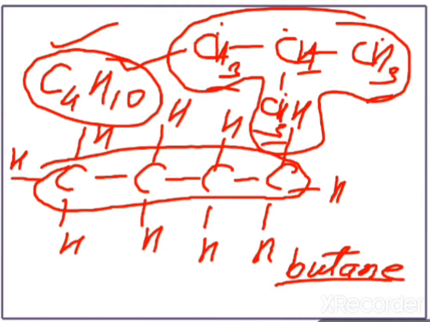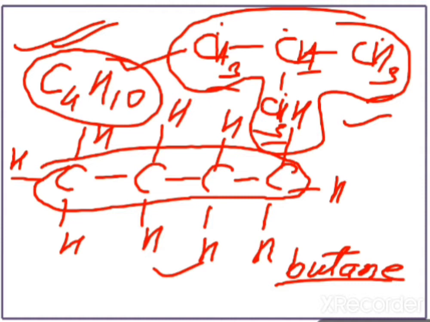So we have two different compounds. These two compounds which have same molecular formula are known as isomers. So now, got it? What are isomers? Isomers means the compounds which have same molecular formula but different structures and chemical properties.